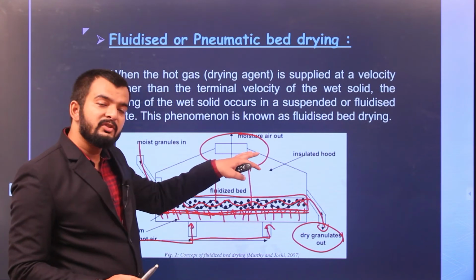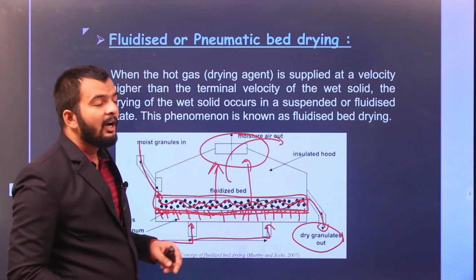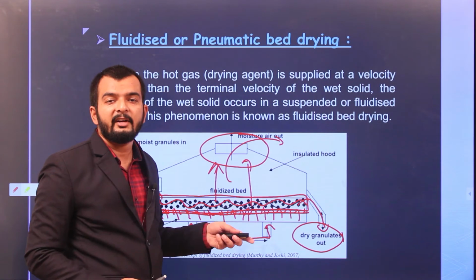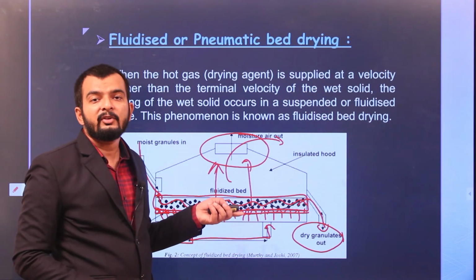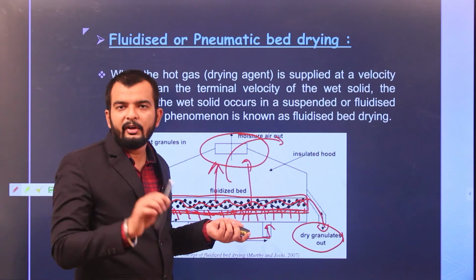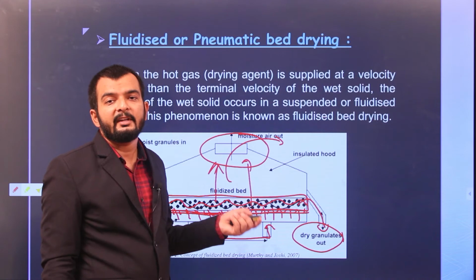All the moist air will be removed through this exhaust channel, right? So this is a fluidized bed dryer, an example of a convective drying system, where the velocity of the drying agent, or hot gases, is more than the terminal velocity of wet grains.